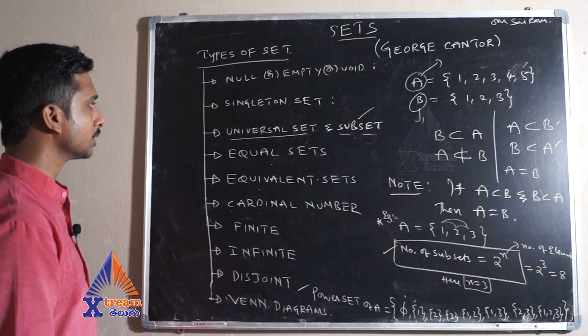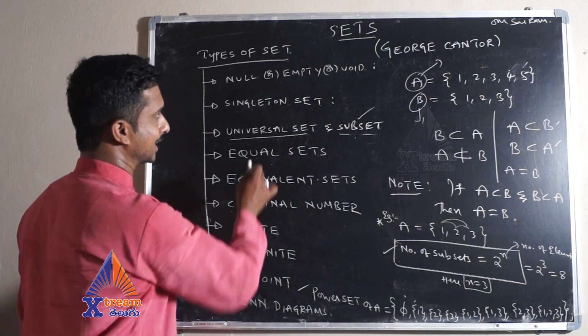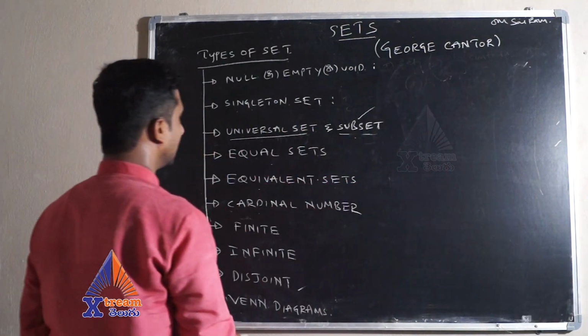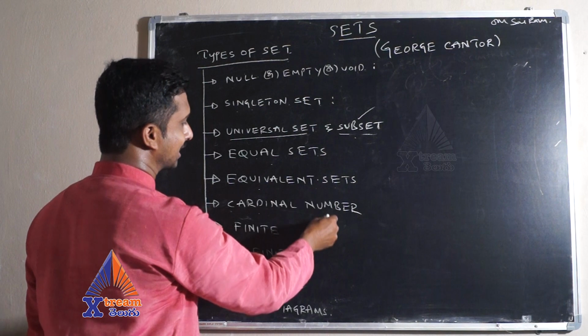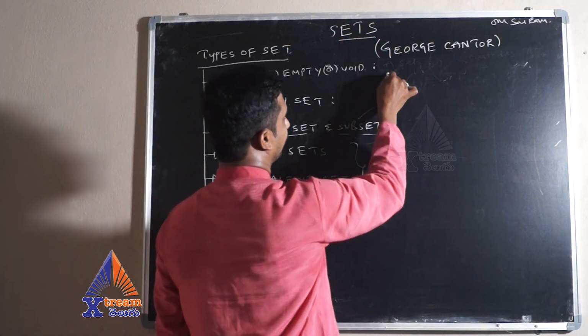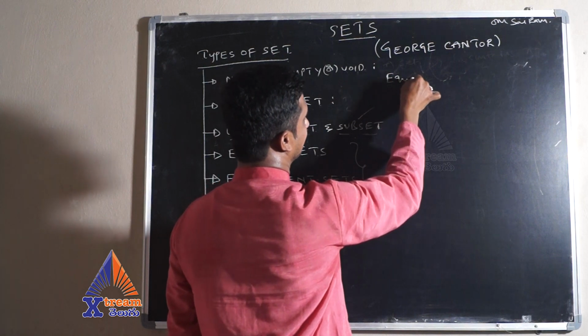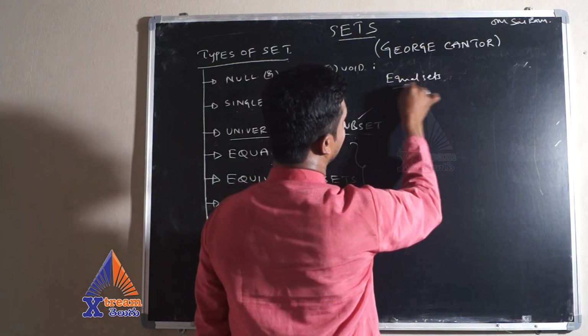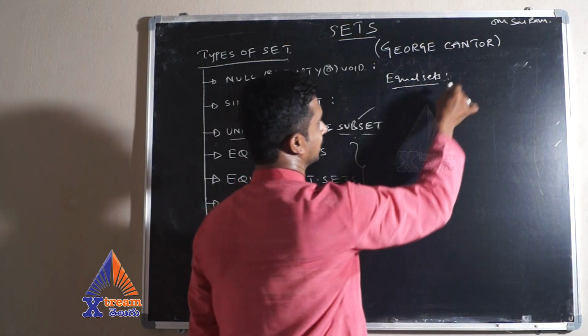Okay. Now coming to equal sets, equivalent sets and cardinal number. We'll discuss all these three. First comes equal sets. So when can you say two sets are equal?